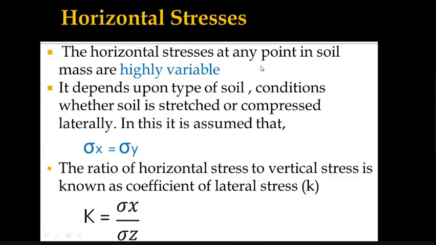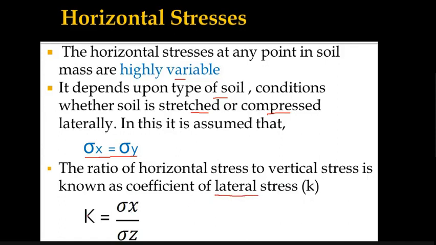Horizontal stresses at any point are highly variable and depend upon the type of soil and conditions of the soil, whether it is stretched soil or compressed soil. So we assume in this that sigma x is equal to sigma y, and the ratio of horizontal stress to vertical stress is termed as the coefficient of lateral stress.